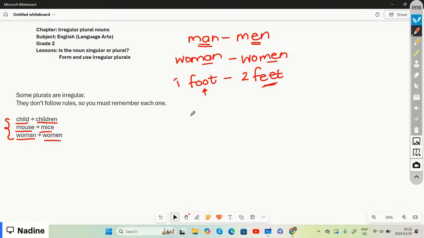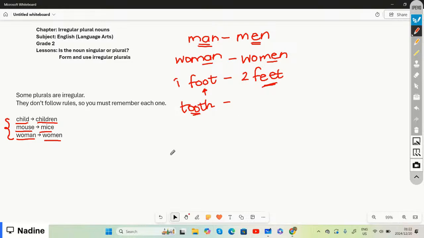Look at another one, tooth. I have 1 tooth. 1 tooth fell out. Yes, well done. Feet is correct. 1 foot. One tooth fell out.